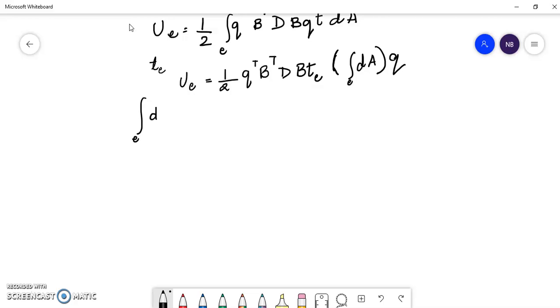Okay, so we are replacing it by AE, and this is the area of the element.